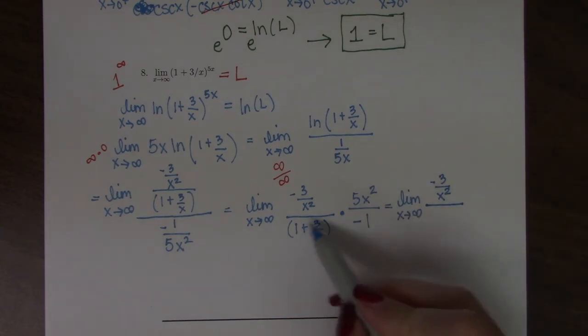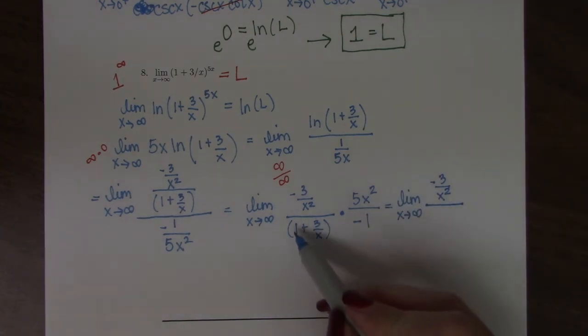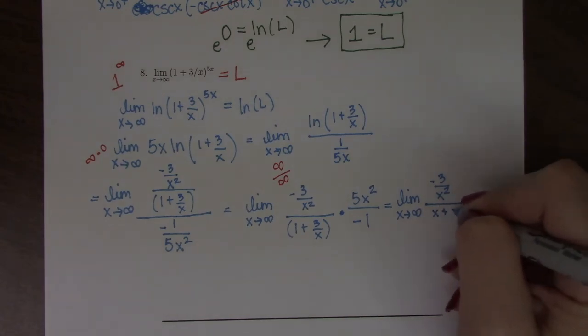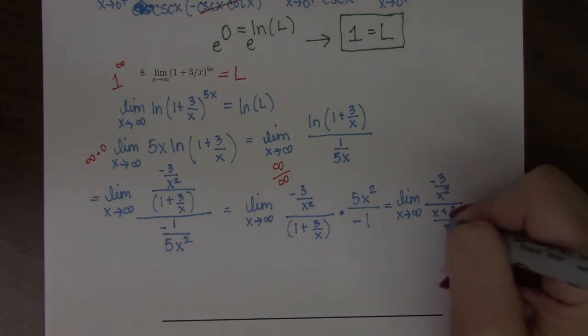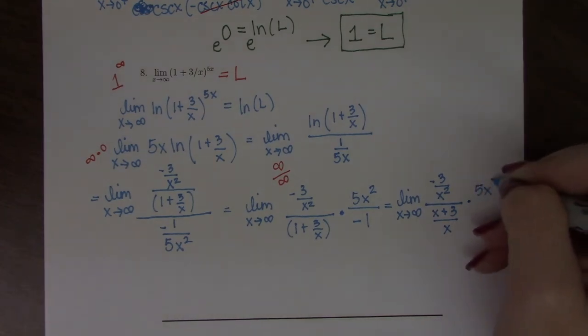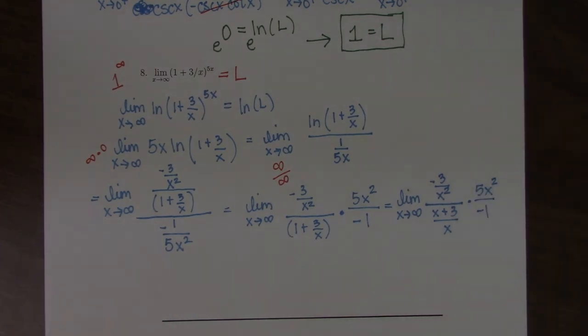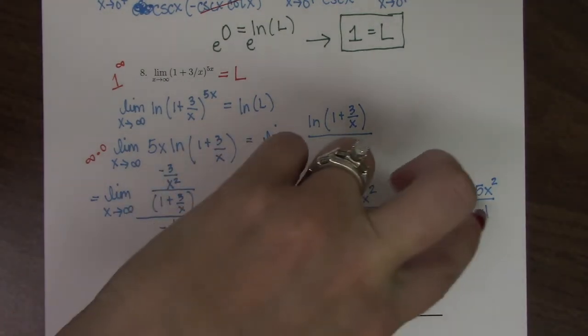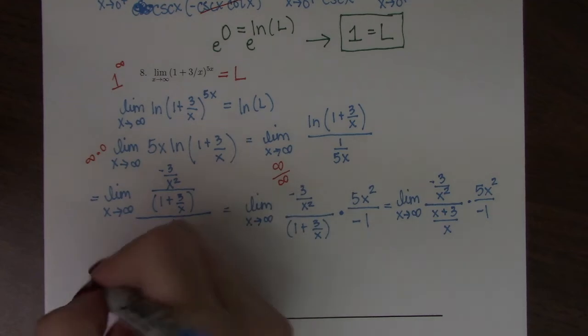And here, I'm going to get a common denominator. So I'm going to multiply this 1 by x over x. So I get x plus 3 all over x times 5x squared over negative 1. So now what I have is a fraction divided by a fraction times this other fraction.